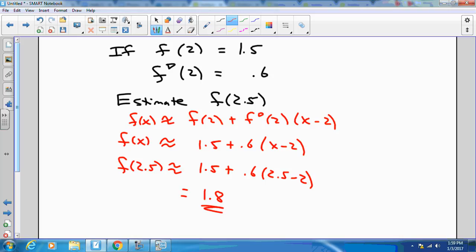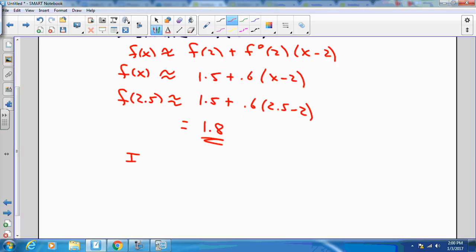Concavity. I would need to know concavity. In other words, I would need to know the sign of f double prime. Where would I need to know it? At x equals 2.5? Stronger. I actually need to know it for all of the x's between 2 and 2.5.